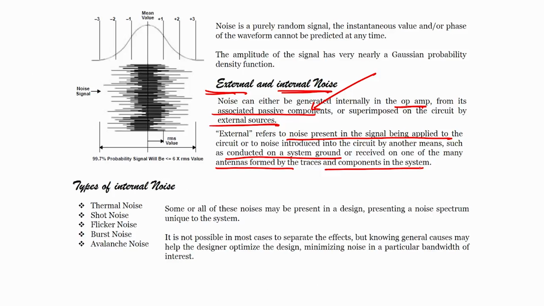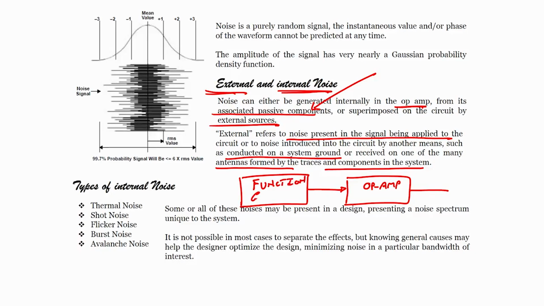So, let us not make our life difficult. Suppose you have this op amp based circuit, and you are introducing a signal from a function generator to the op amp circuit.